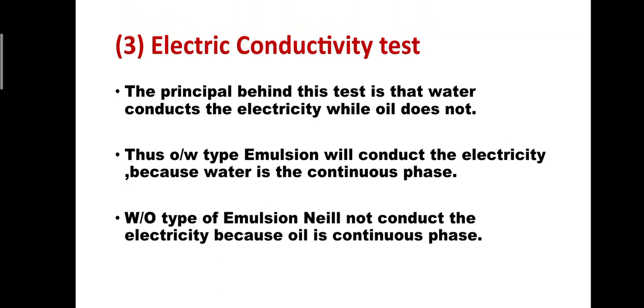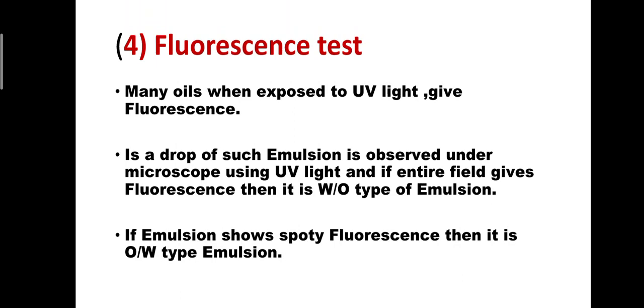That means if electric current passes, then it is an oil in water type of emulsion because water is the continuous phase, and if it does not pass, then it is a water in oil type because oil is the continuous phase.